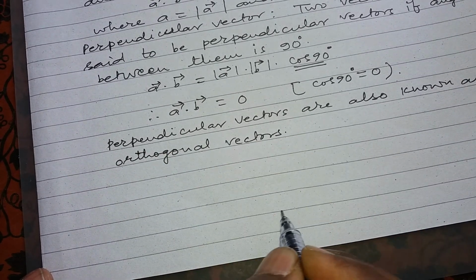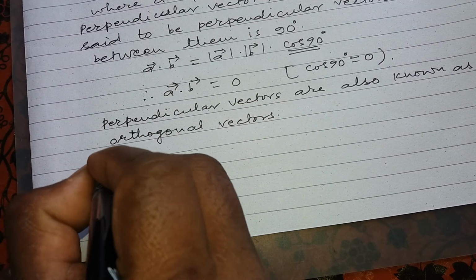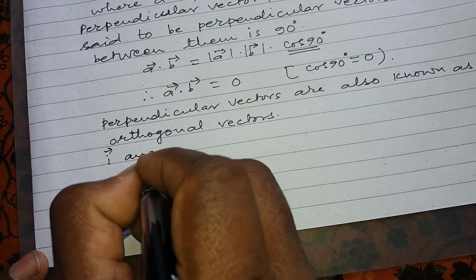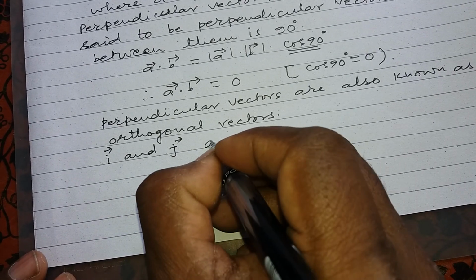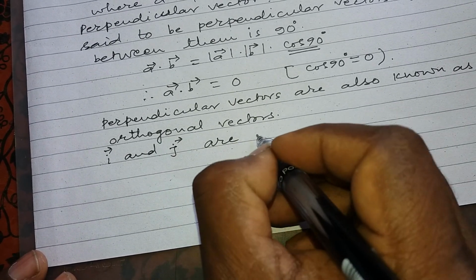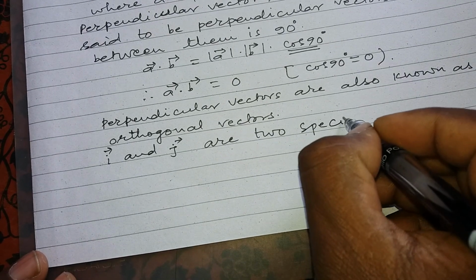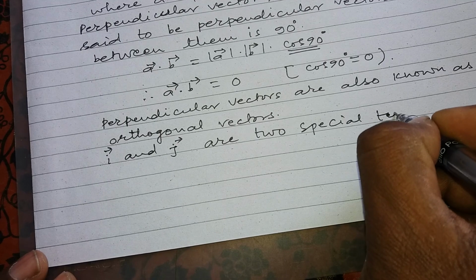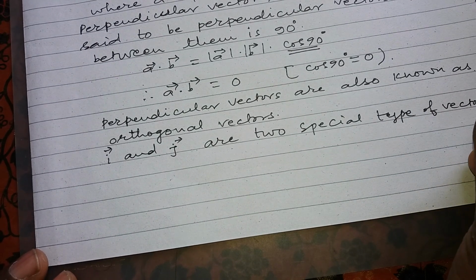Student, you have listened about vector I and vector J. I and J are two special types of vectors.